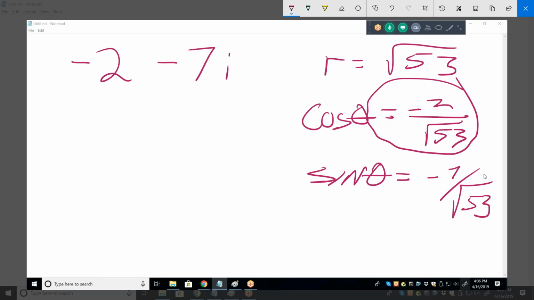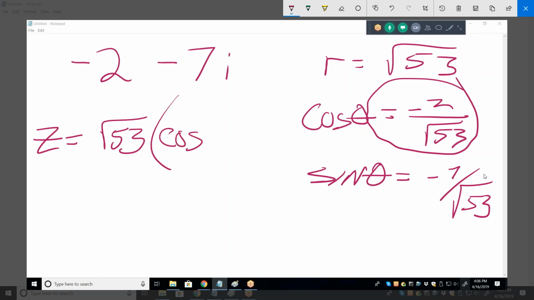Yes, sir, I think so. If we want to put it into our format, here's what it's going to look like. There's r. That's right. I don't know what theta is yet, but tell you what, I can write theta like this, without knowing what it is.